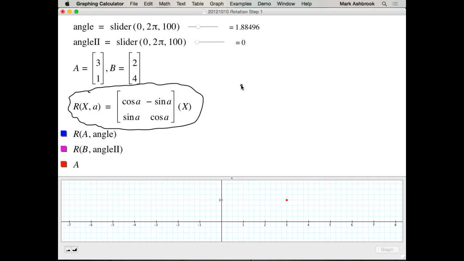So that's the last thing we need. Now we need the same thing for rotating about any point, not just the origin.